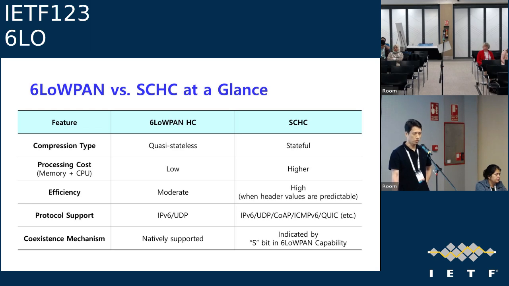The processing cost of SCHC is higher than 6LoWPAN header compression, but if the header values are predictable, the efficiency will be higher. For protocol support, SCHC permits multiple protocols. If we use them together, we use the S bit, the 6LoWPAN capable bit, which is defined in this draft.